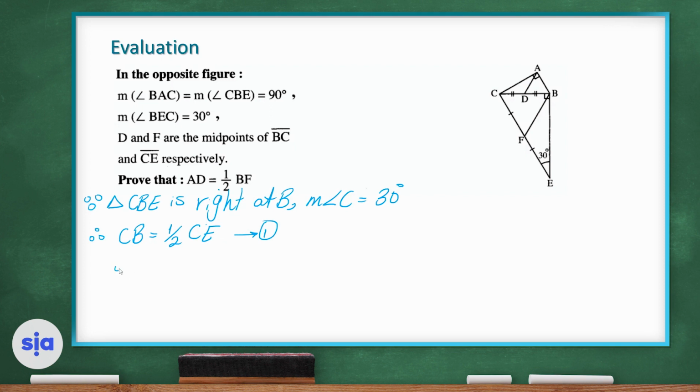Since BF is a median, therefore BF equals half CE.